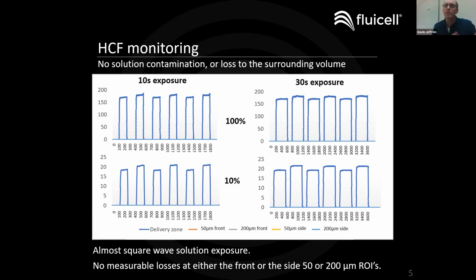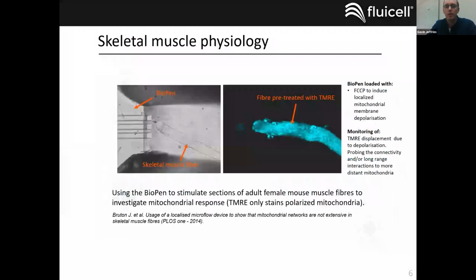So having these on-off times as square wave-like as possible allows you to have some sort of decoupling of the biology from the liquid delivery as a whole.